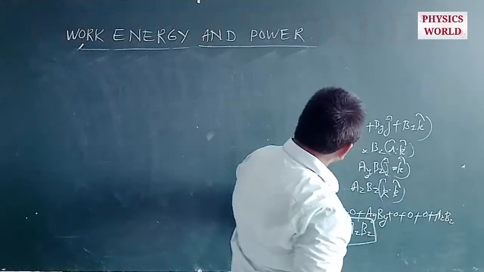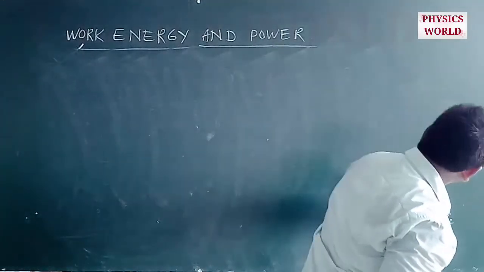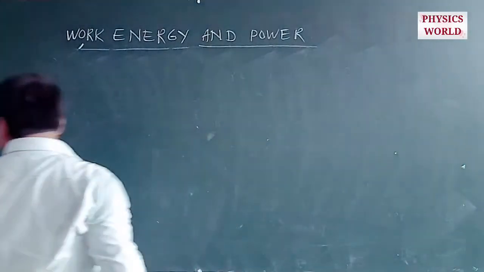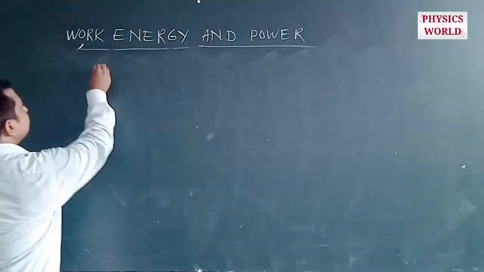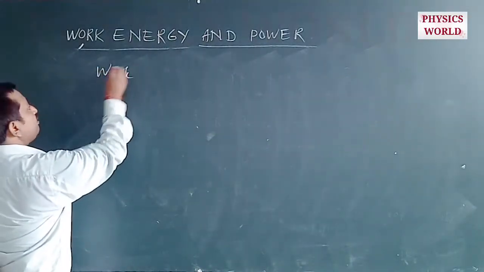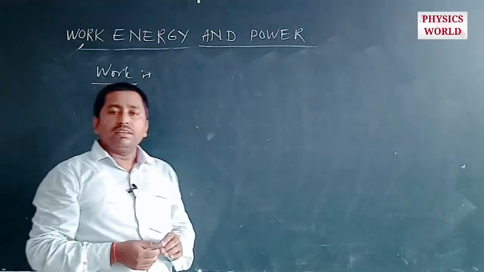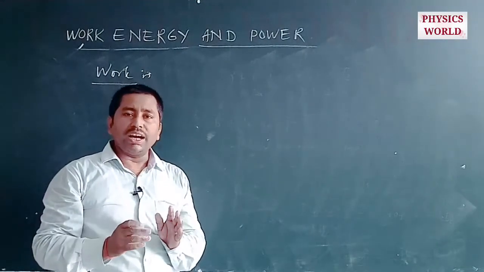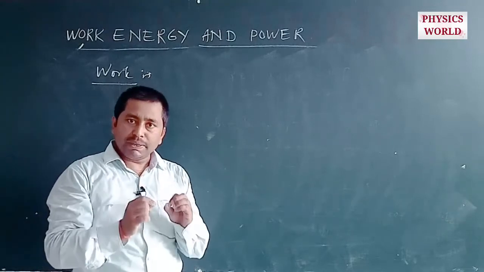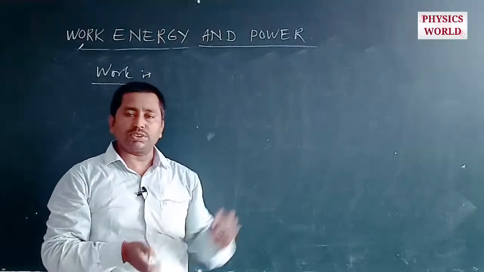Work, if we want to define work, then we can easily define it like this. Work can be defined as the product of the force and the displacement along the direction of force.